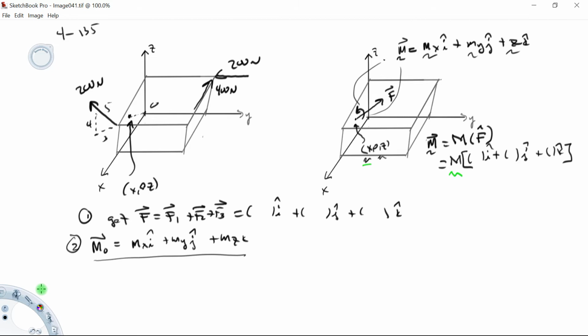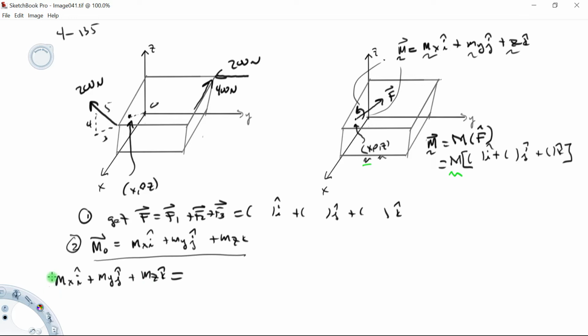the fact that the moment about O has to be the same in both pictures. So in the picture on the left, what we have is this guy, Mx i plus My j plus Mz k equals, and remember, these should be known values.